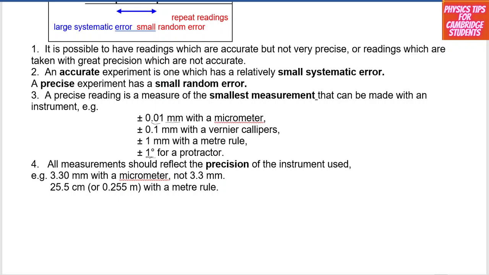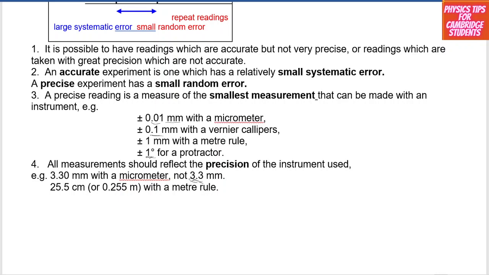For example, 3.30 millimeters means that someone has been using a micrometer. If you say 3.3 millimeters, then it means that you have been using a vernier caliper. So when the examiner knows that the instrument that was supposed to be used was a micrometer, you lose a mark because you have used the wrong precision for expressing your measurement.